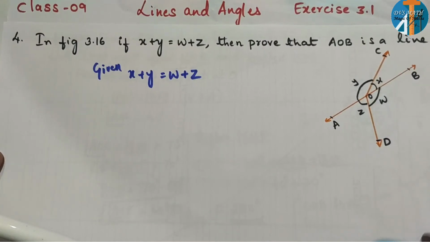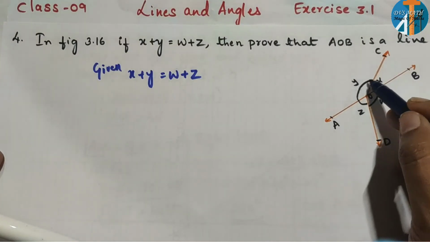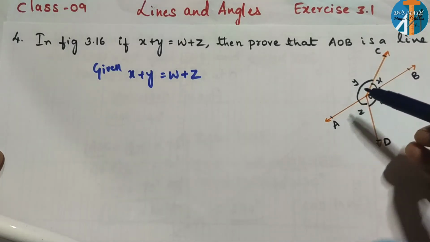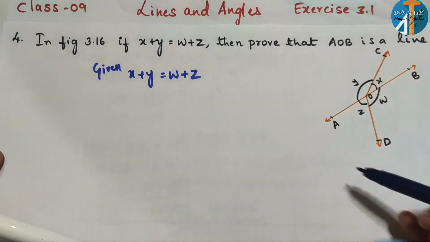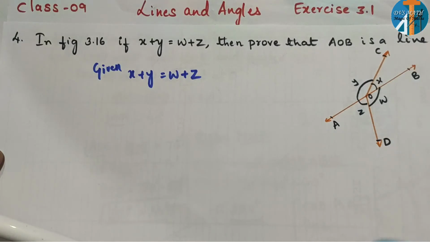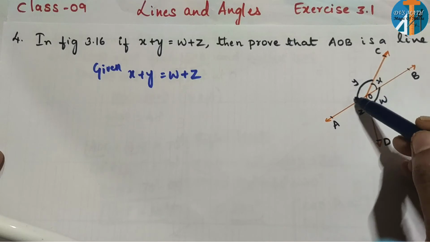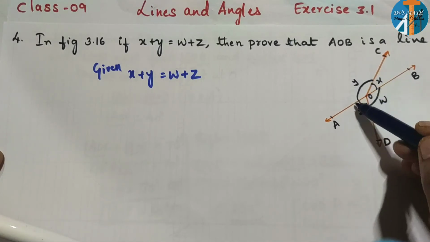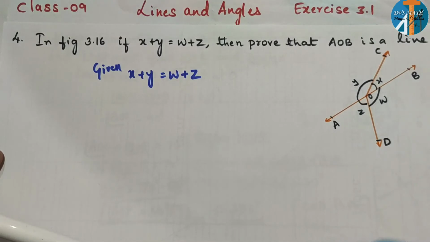Now what we have to do is, you know that if we add all these angles, what will be the total angle? X plus y plus z plus w. If we add all these angles, what will be the value? 360 degree, right? So look here, it seems like a total angle, or we talked about complete angle. So if we add all these angles it is equal to 360 degree.